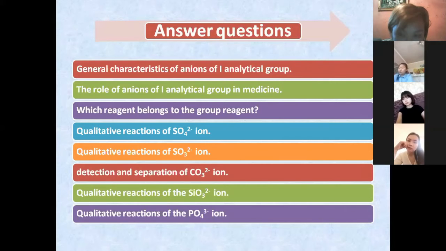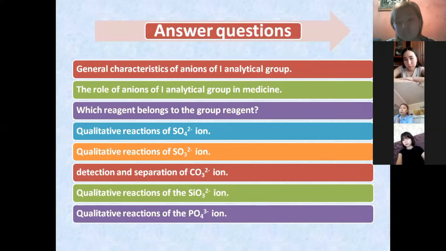General characteristics of ions of the first analytical group. The group reagent of the first analytical group is barium chloride, in a neutral or alkaline medium, pH 7 to 9. Under such conditions they form precipitates with barium ions, which are hardly soluble in water.